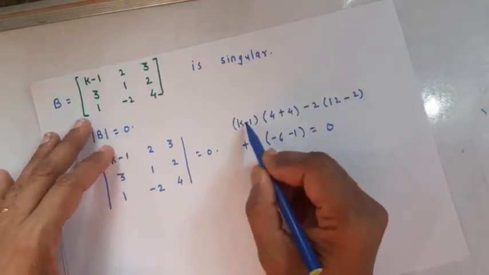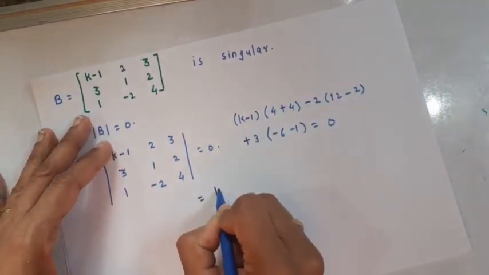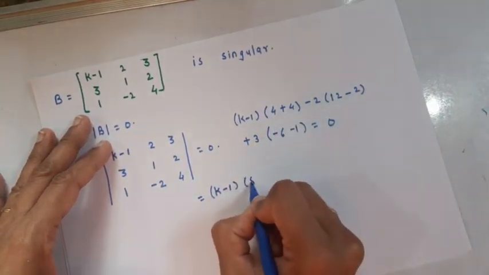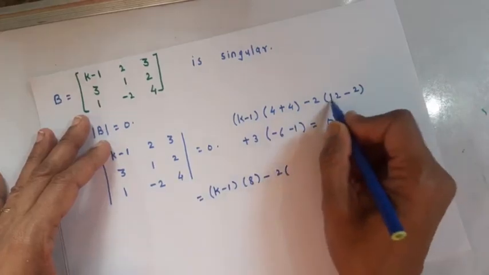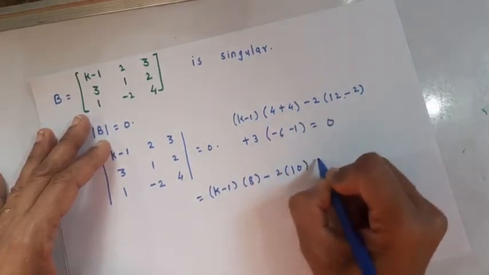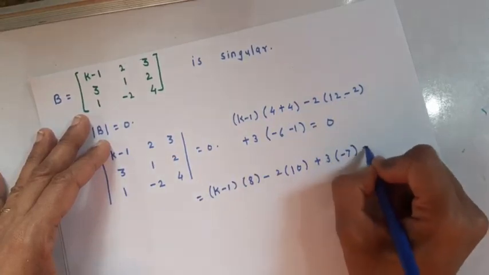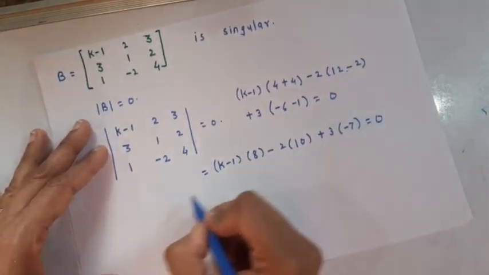So k minus 1 into 4 plus 4 is 8, minus 2 into 12 minus 2 is 10, plus 3 into minus 6 minus 1 is minus 7, this is 0.